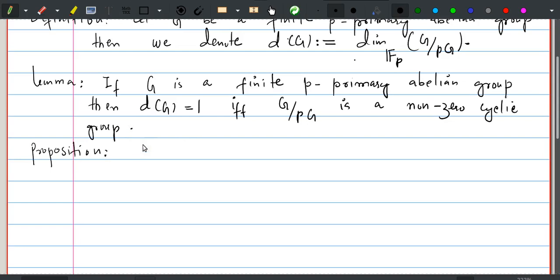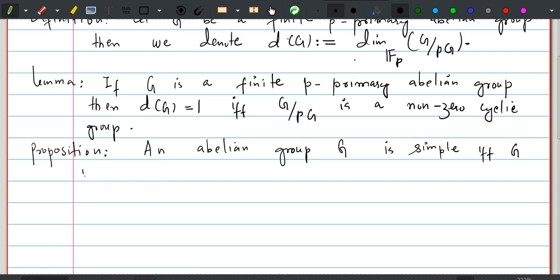This proposition states that an abelian group G is simple if and only if G is a finite group of prime order.